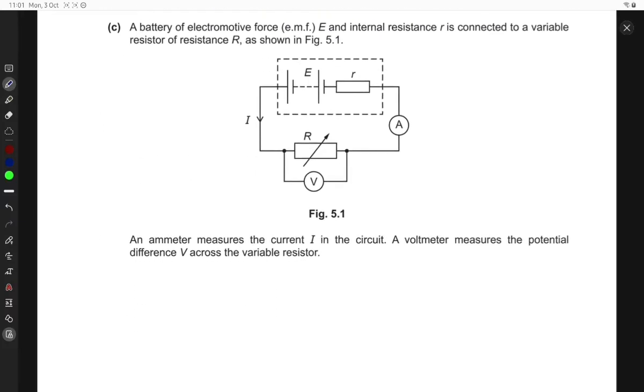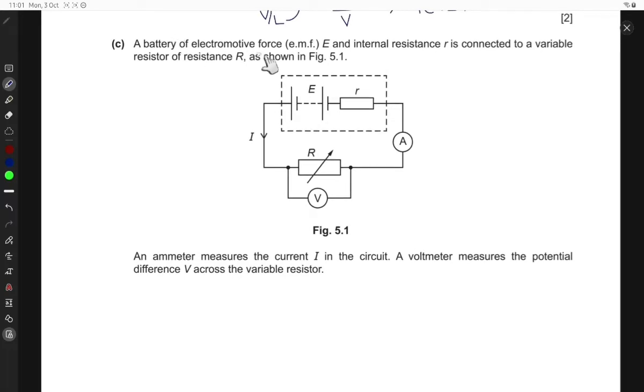Moving on to part C, a battery of electromotive force e.m.f. E and internal resistance small r is connected to a variable resistor of resistance R. So here we can see the circuit diagram. This is the battery. It has an EMF and it also has an internal resistance, which is connected through this variable resistor. You can see that to measure the current we have an ammeter, and the potential drop across the resistor can be measured using this voltmeter. An ammeter measures the current I in the circuit, and a voltmeter measures the potential difference V across the variable resistor.